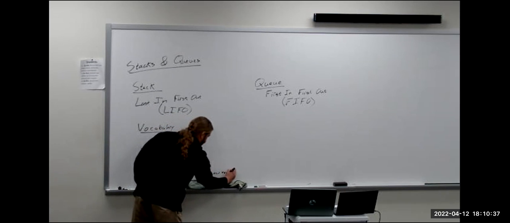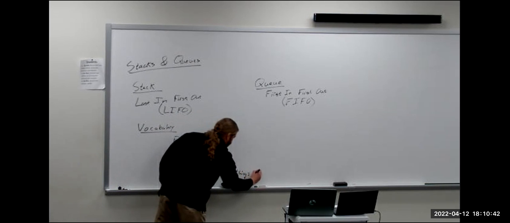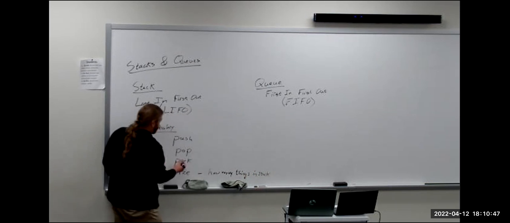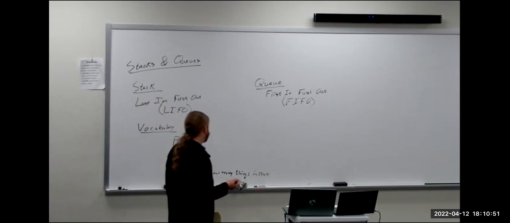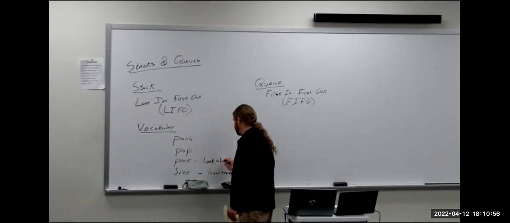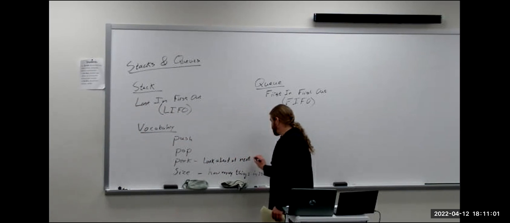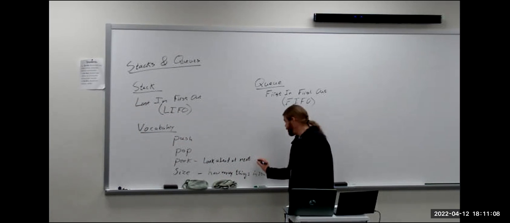How many things in the stack? Peek is where we look ahead at the next item in the stack. Or I should probably write the word element because that's a proper term for it. The next element in the stack.